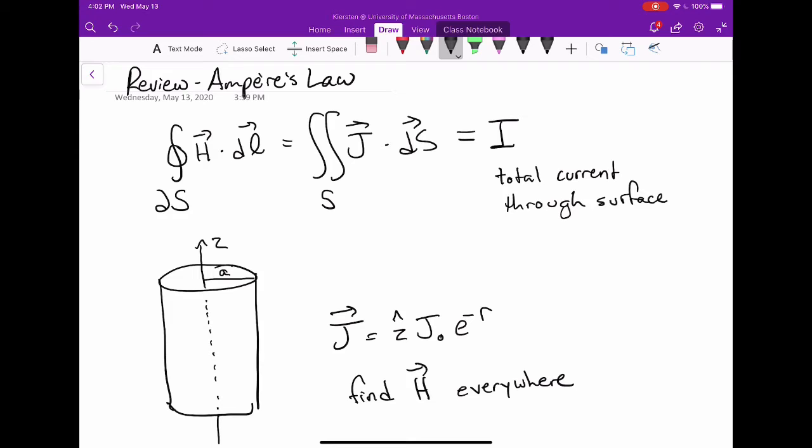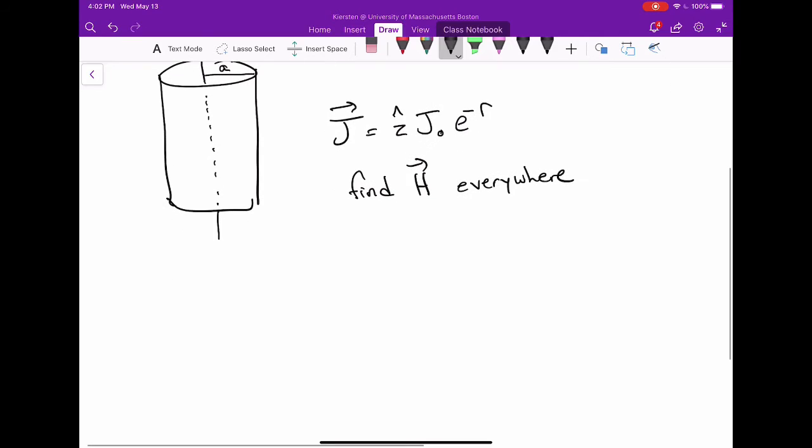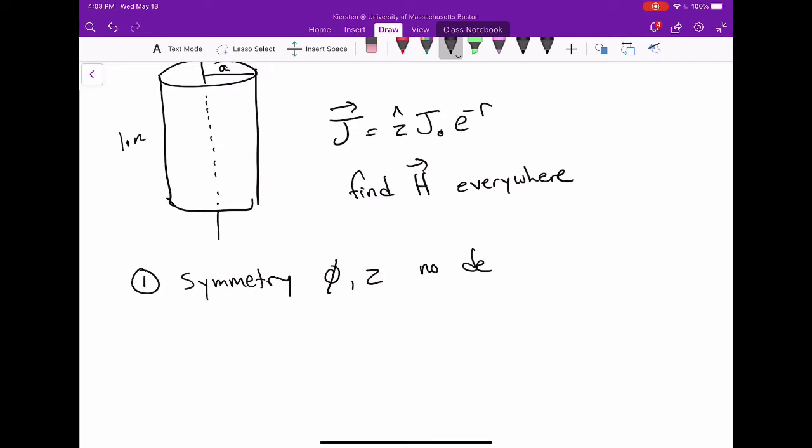We start by looking at the symmetry of the problem and seeing, can we actually apply Ampere's law to this problem? It says right at the top of the page that we're going to do an Ampere's law example, but check the symmetry first. There's no angular dependence, and there's no z dependence, since this is a long cylinder.